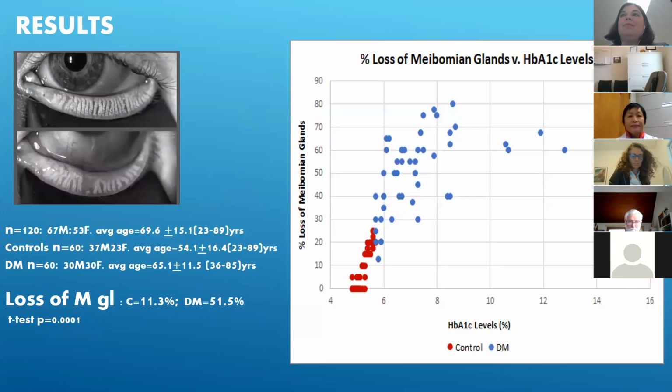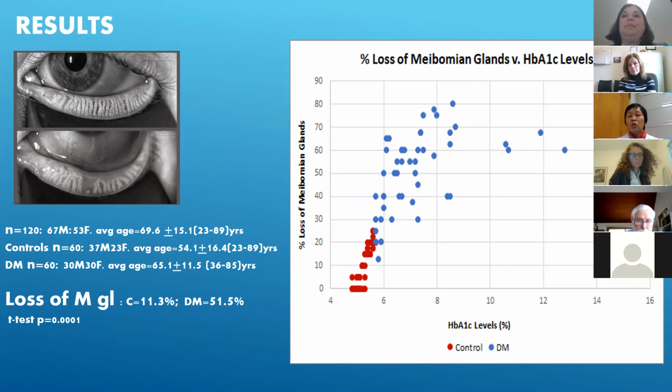Next slide, please. So the results: on the upper left-hand corner, you see normal meibomian glands, these vertical striations. On the right underneath it are areas of absence where there are none. So taking the first 120 consecutive patients, we found 67 males, 53 females. The average age was 69.6 years.